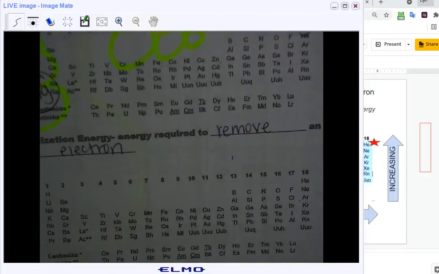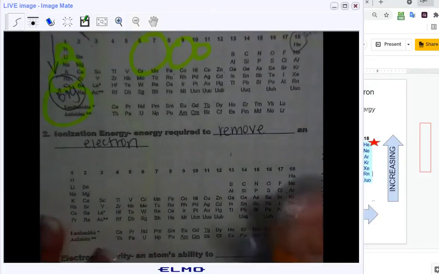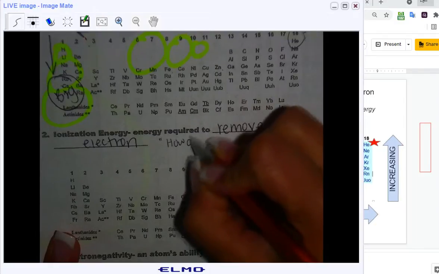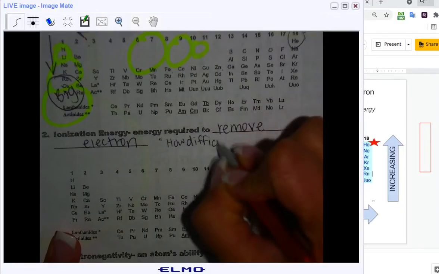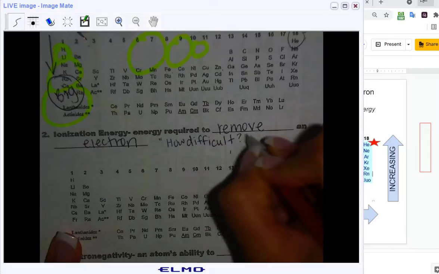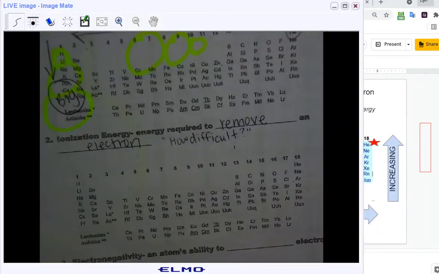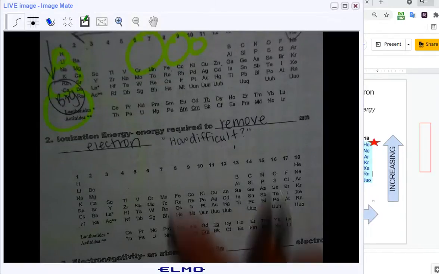Okay. I can see it on my paper. All right, so to remove an electron. So how difficult is what you're answering? Okay, so if I have high ionization energy, if I require more energy, it's very difficult to take it away. Okay, so how difficult?